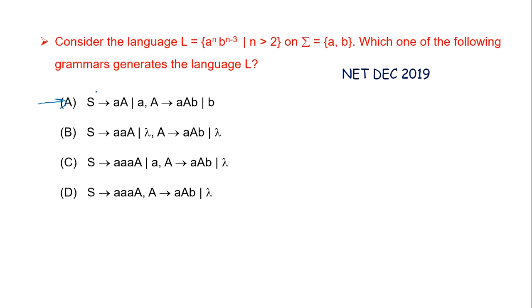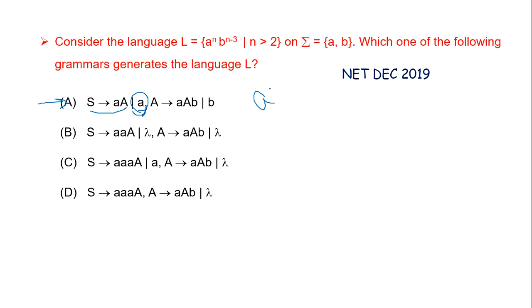Here we are given S gives AA and S gives small a. So small a will be our smallest string or word from this grammar. So the smallest word will be small a, right?